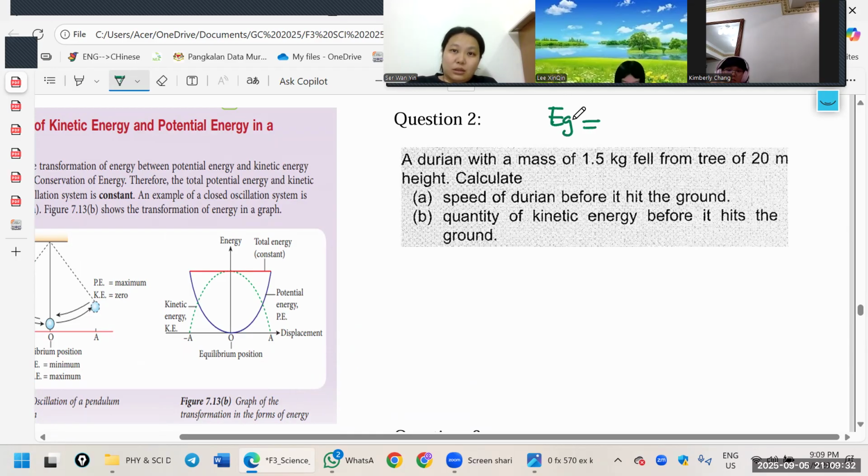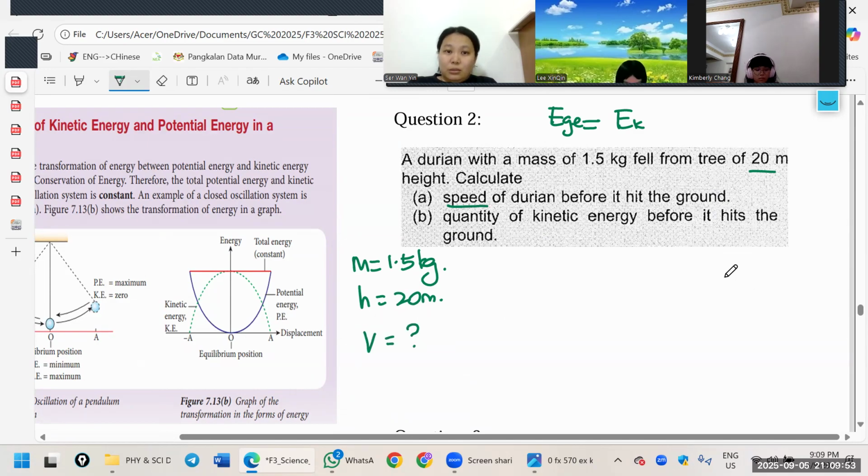Gravitational potential energy equals to kinetic energy. So then we got what? M equals to 1.5 kg. Height is 20 meter. Calculate the speed. So speed belongs to kinetic energy. All right, let's do this first.